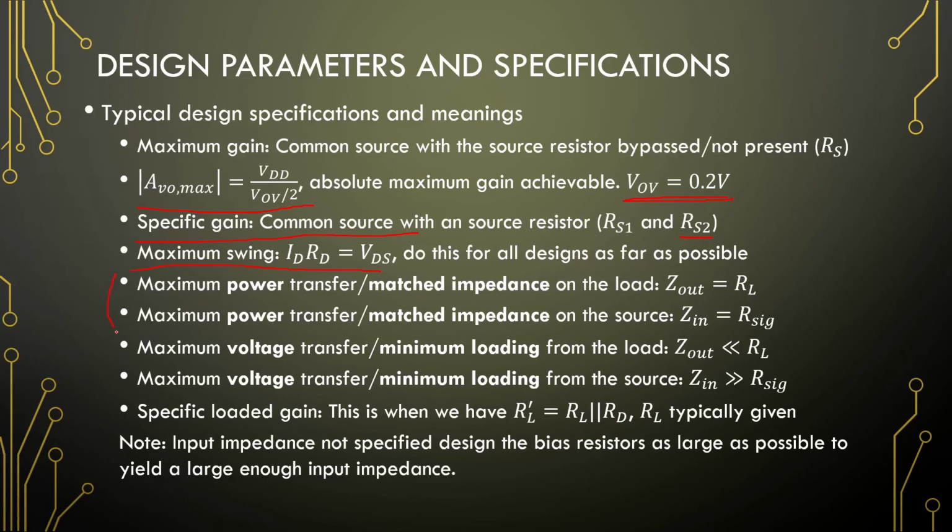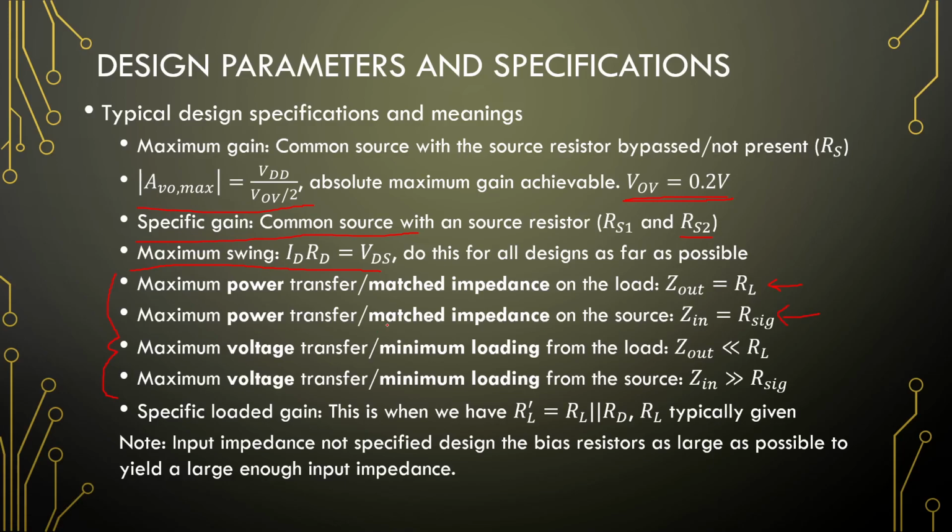Then for the input and output impedances, there are 4 options. Maximum power transfer or matched impedances. That's when you pick the load and the input impedance to be the same. This is very easy to do with the MOSFETs for input and output.